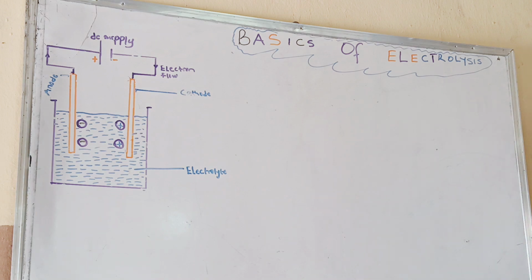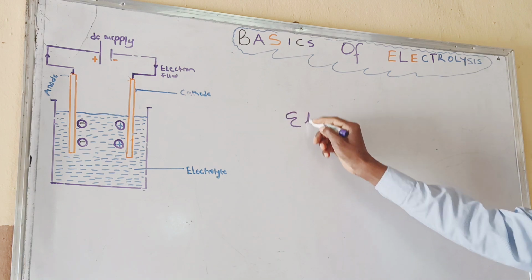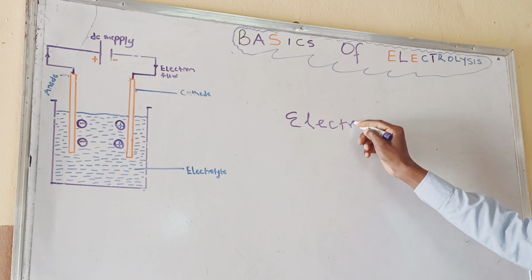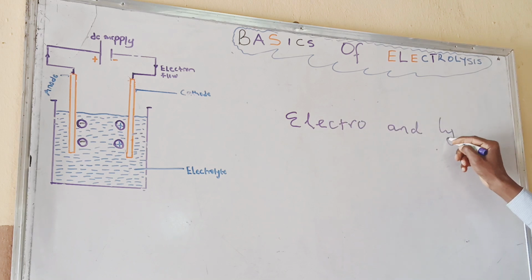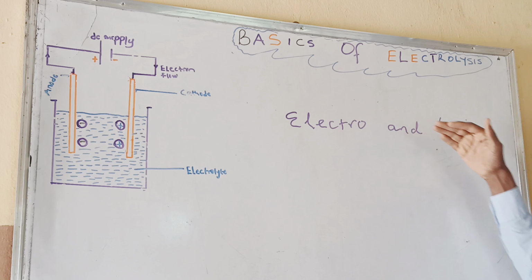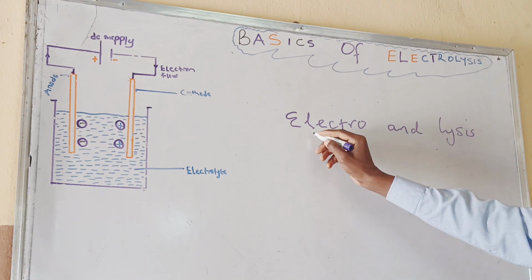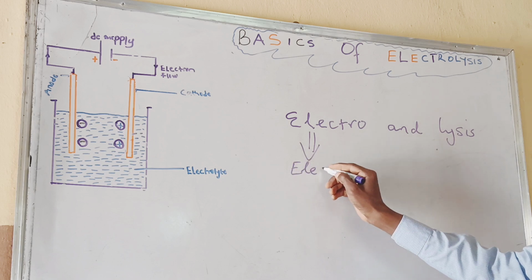So, basically, electrolysis is a compound word that is made up of two components: electro and lysis. Electrolysis is made up of two components, electro and lysis. The word electro comes basically from electricity.